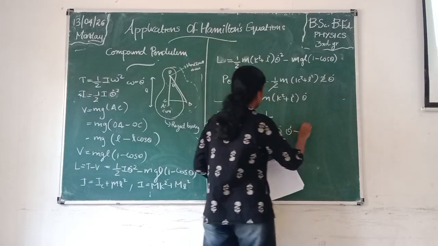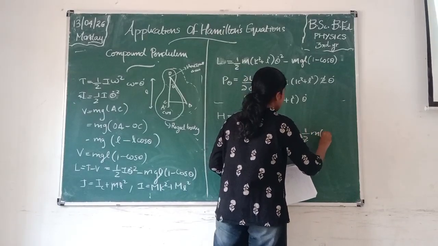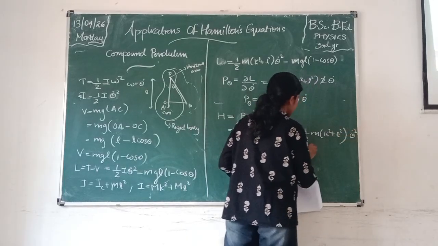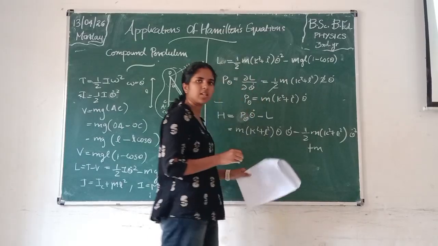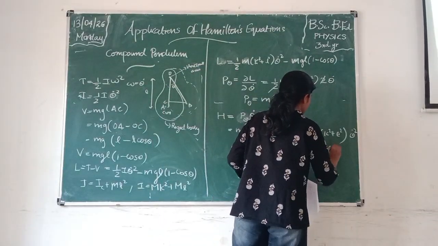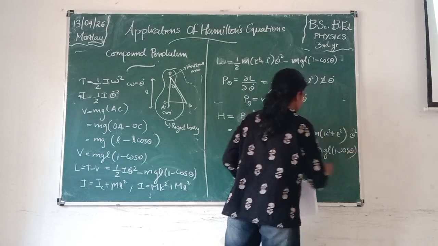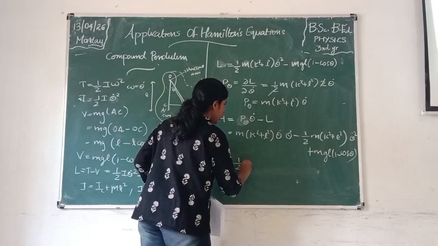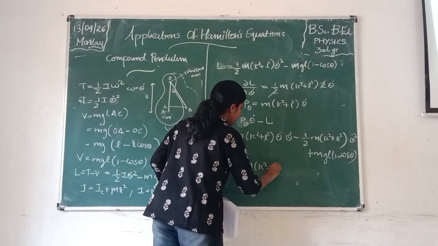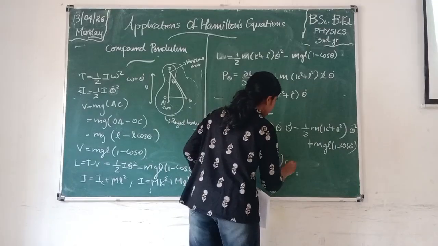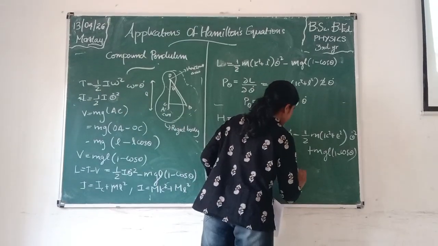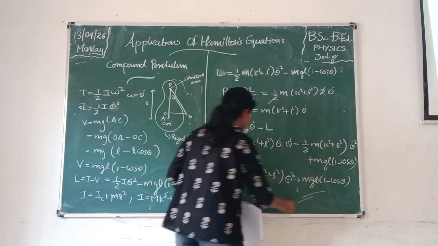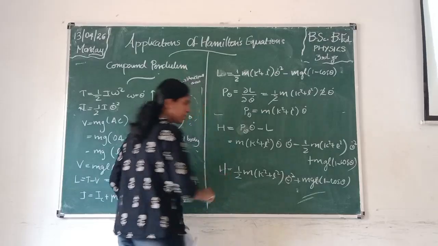Then H equals m k square plus l square theta dot square, and minus of minus will be plus mg into 1 minus cos theta. So from here we get half m k square plus l square theta dot square plus mg into 1 minus cos theta. So this is the standard term.